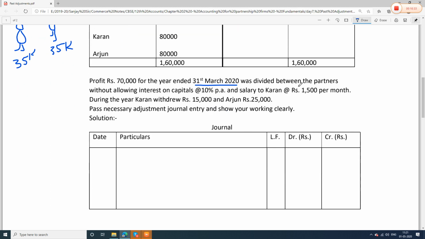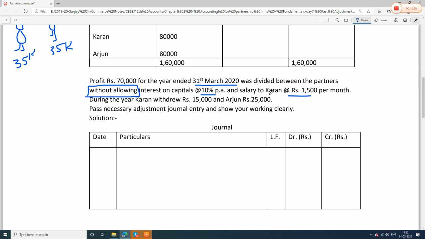But see here, guys, divided between the partners. This is important. Remember this, beta. Without allowing interest on capital and salary. Okay, so interest on capital, both were allowed to get interest on capital, but previous year, last year, they forgot. They did not calculate interest on capital.